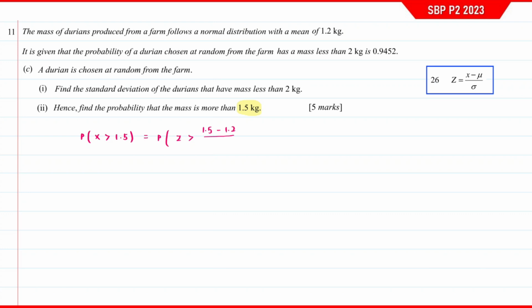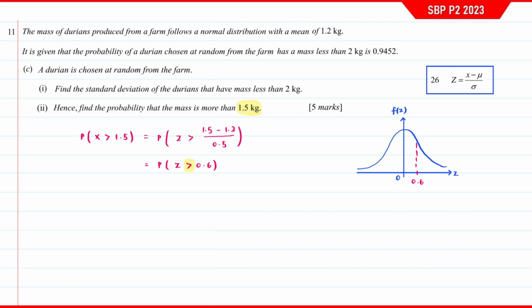In question C1, we already found that the standard deviation is equal to 0.5. So this is equal to the probability with the z-score greater than 0.6. If you draw the graph of the standard normal distribution, it will look like this. So probably 0.6 is around here.